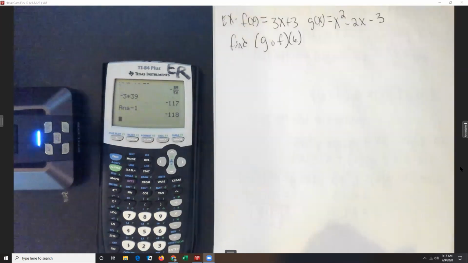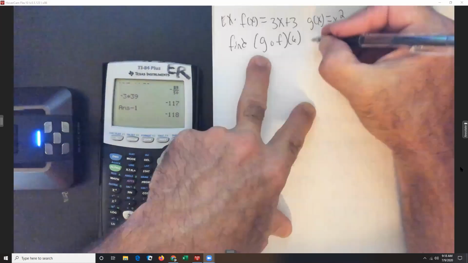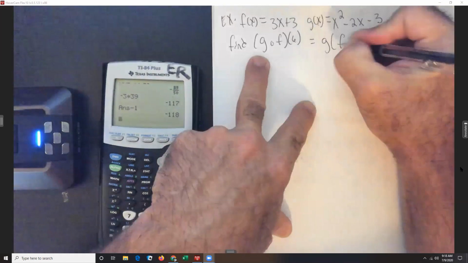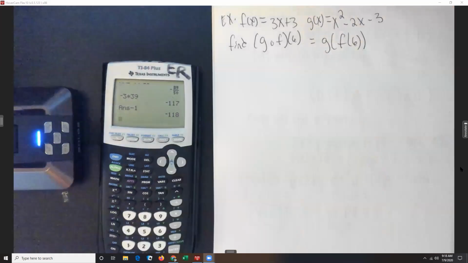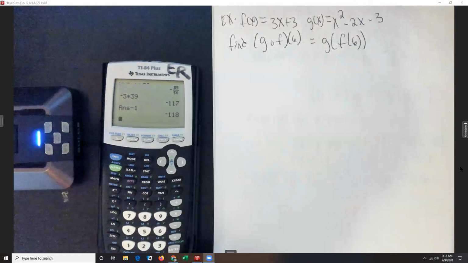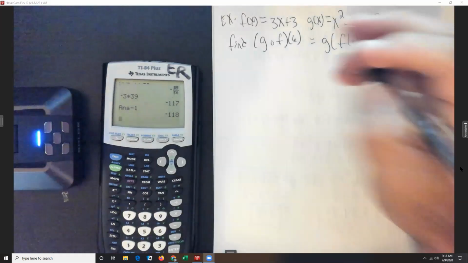So 6 is the popular number today, I guess. But remember, they reversed it. Remember, this is really g of f of 6. So I usually write it like this, and then I can follow my order of operations, which means I'm going to start with the f of 6.